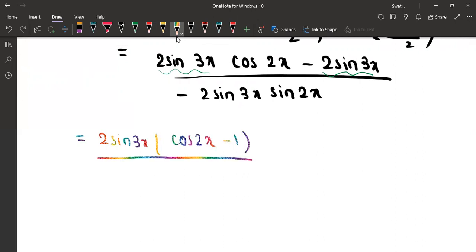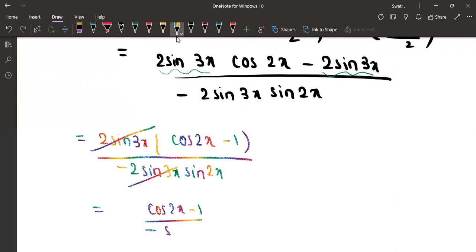In the denominator, we already have minus 2 sin 3x and then sin 2x. Clearly this 2 sin 3x and this 2 sin 3x will get cancelled. So what we are getting is (cos 2x minus 1) upon minus sin 2x.